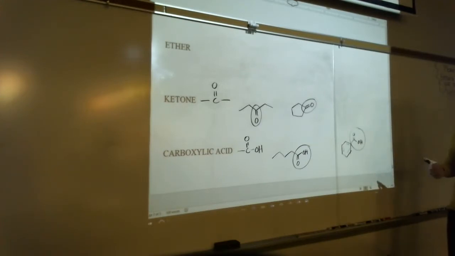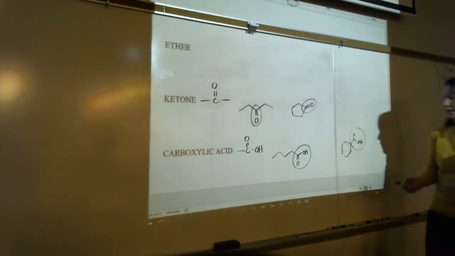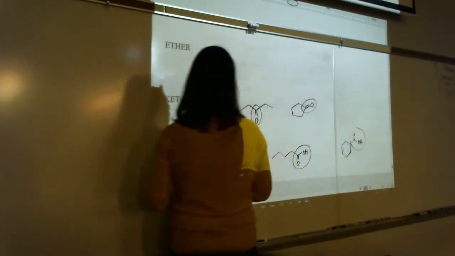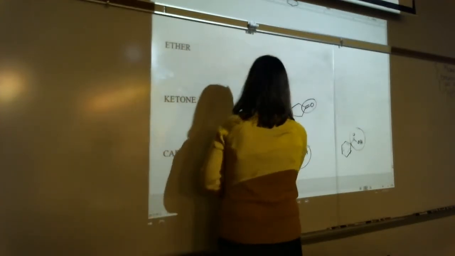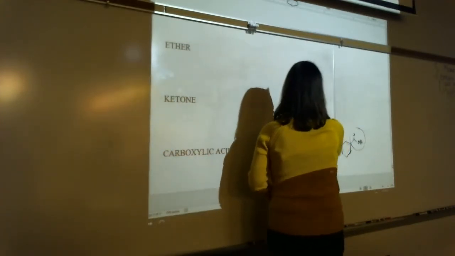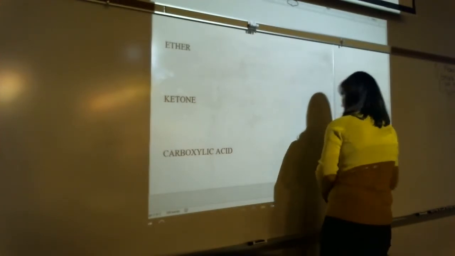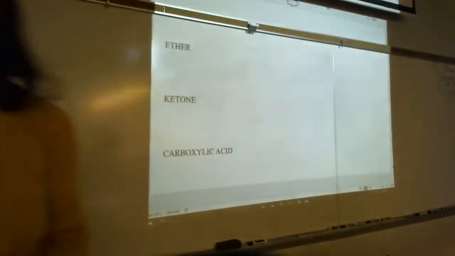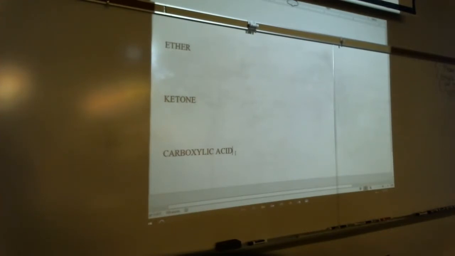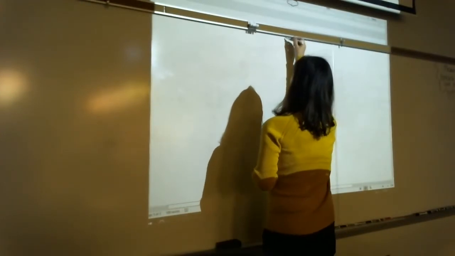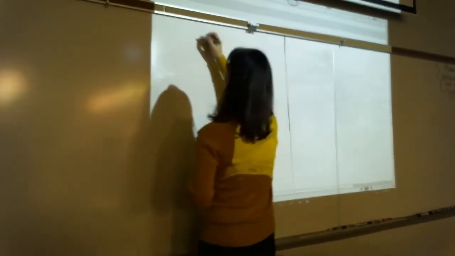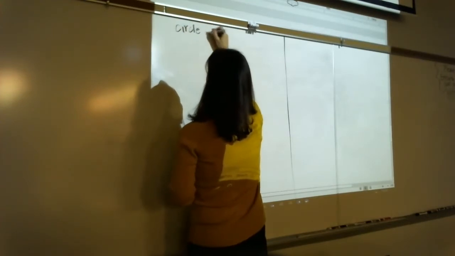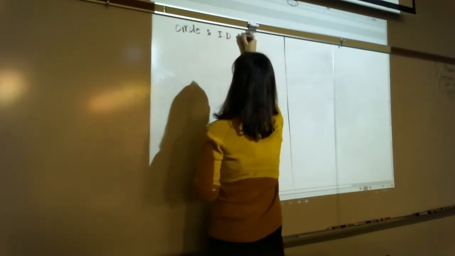Okay? So what we're going to do now is I am going to draw some molecules. We'll do like what it would be on a test. I'll draw some molecules, and you will circle and identify the functional groups. Go on to our new sheet of paper here. Get that cursor out of my face. All right. We're going to do two things. Part one, circle and identify the functional groups.